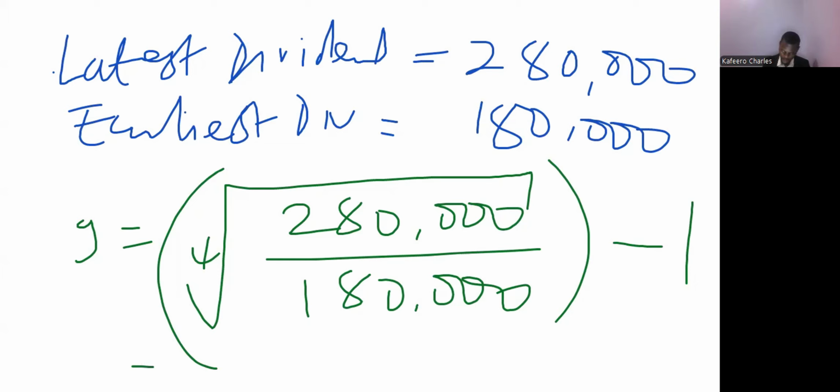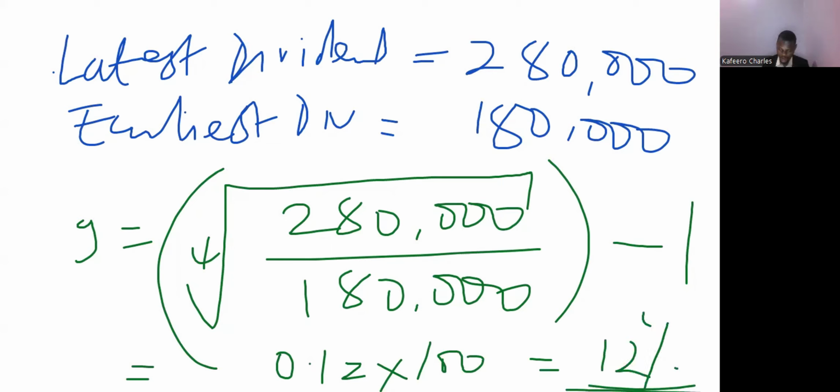You will see that this is going to give you 0.12, times 100, and that is going to give you 12% as the growth rate. That's how we compute the growth rate. The whole idea is for us to be able to compute the growth rate, because the rest, substituting in the other method, is going to be very easy for us. So that is the first method. Then the second method is what we call the Gordon's growth model.